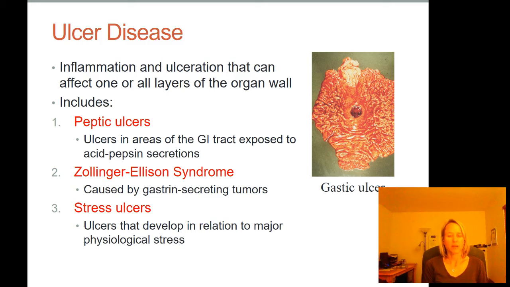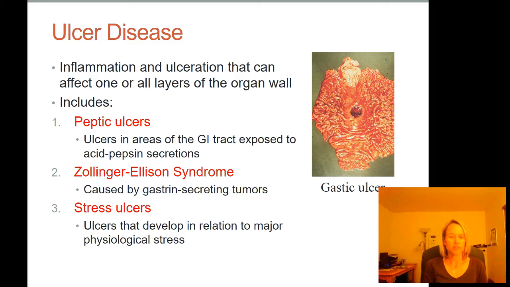Zollinger-Ellison syndrome. This is a specific type of ulcer that's caused by gastrin-secreting tumors. So these are tumors that secrete too much of the hormone gastrin.